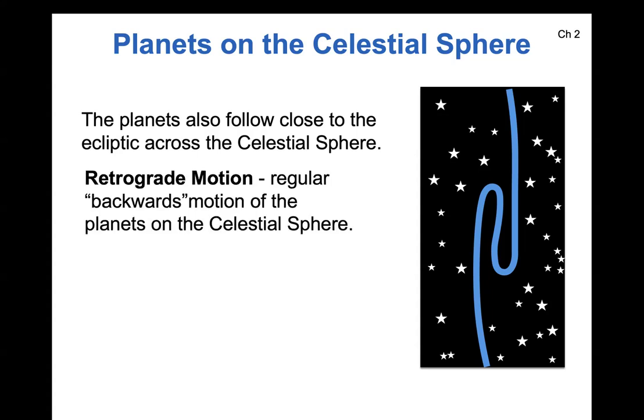Another thing about planets is that they behave in this particular way called retrograde motion. And they don't do it all the time. Quite the opposite. They only occasionally go backwards, which is retrograde. So every planet at some point, it doesn't happen at the same time during the Earth year, but every few Earth years, or at least once an Earth year, different planets will go into retrograde motion.